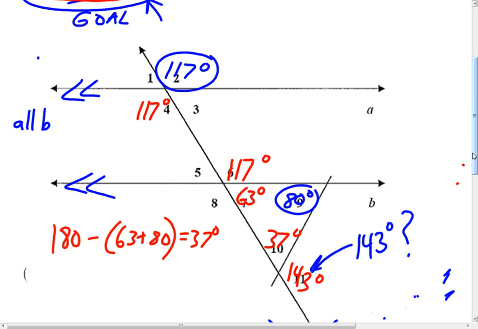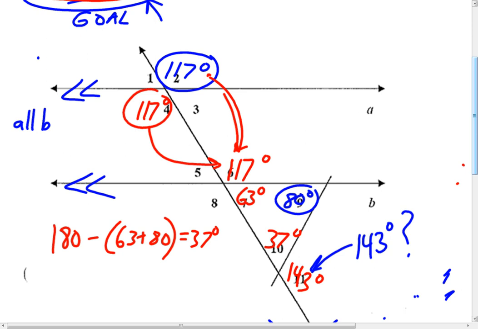No, I didn't really need to say 4 if I was going to jump from here to here. Or instead of saying that that corresponds, I could have said that this and this have what relationship? Alternate interior. As long as you're giving me correct words, correct geometry terms, and you have proper steps, and you're not getting ahead of yourself, it's a valid proof.